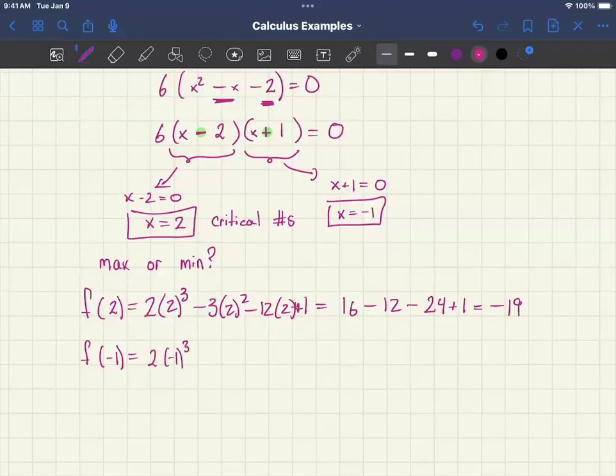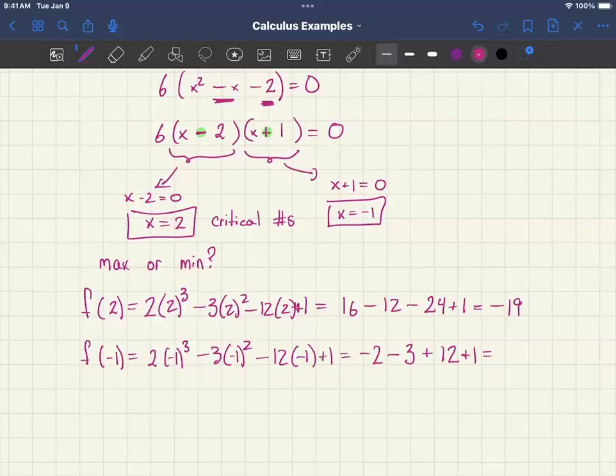Now for -1: 2 times -1 cubed, minus 3 times -1 squared, minus 12 times -1, plus 1. So -1 cubed is -1, so we get -2 for our first term. Then we subtract 3 because in -1 squared our negatives cancel. -12 times -1 is +12, and plus 1.